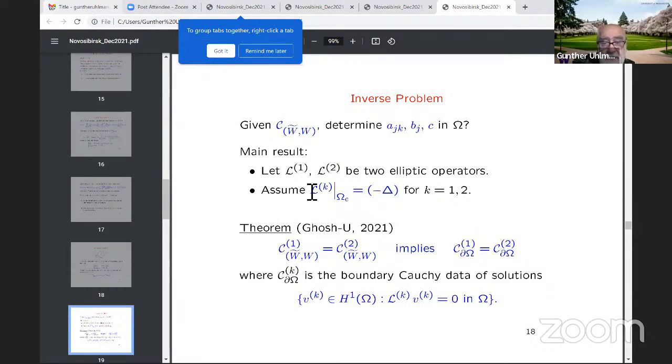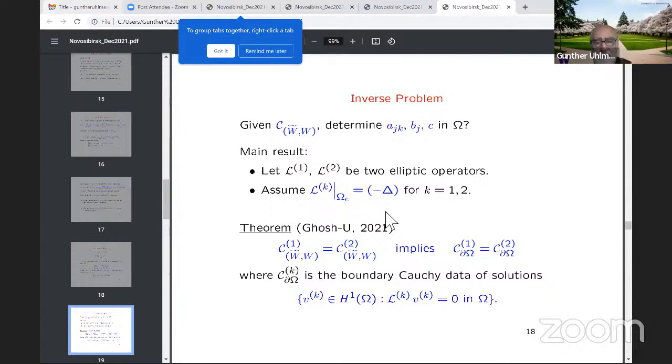And what we prove is the following. So suppose for simplicity that you have two elliptic operators of this form, which are self-adjoint and positive, so you can define the power. And assume that outside omega they are the identity, although you can assume the same metric, the same coefficients, that are the identity at infinity.